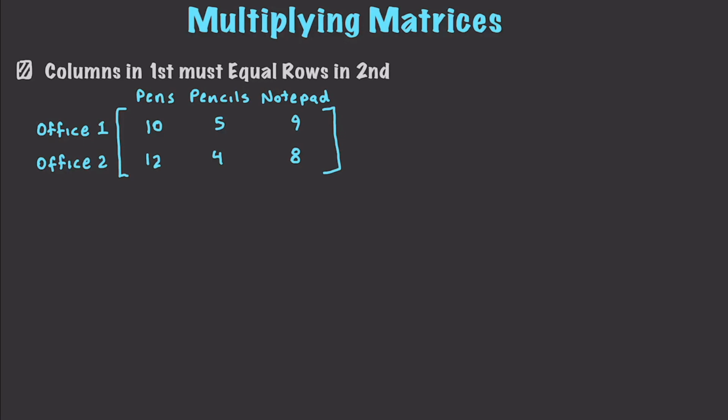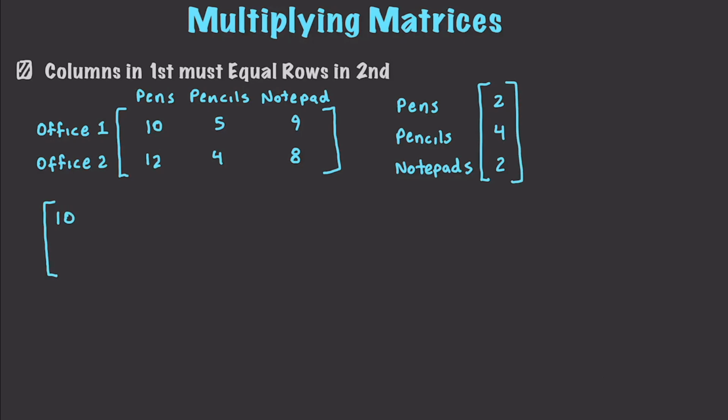Well, what we can do is multiply a list of items times the cost per item matrix, which we're going to create right now, and get a total cost matrix, which is really interesting. So this is our total cost matrix. So we'll have our pens, pencils, and notepads. Let's say the pens cost $2 for a pack, the pencils cost $4 for a pack, and a pack of notepads costs $2.